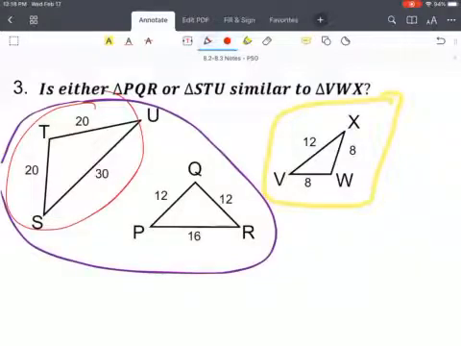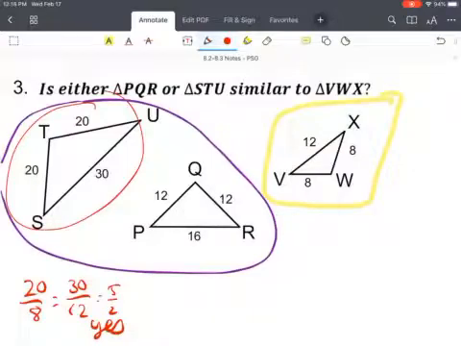So we have to do the smallest side of each. So is 20 over 8. And there's another 20 over 8, so we don't need to do that one. Does 20 over 8 equal 30 over 12? And when I reduce those, they are both equal to 5 over 2. So that answer would be yes.